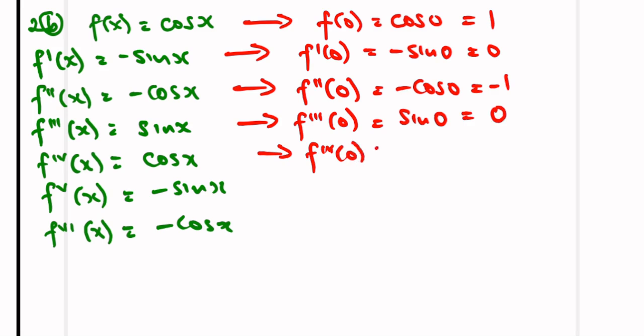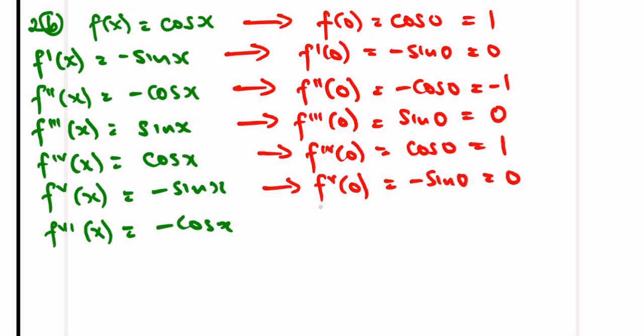Fiv of 0 is equal to cos 0, which is 1. Fv of 0 is equal to minus sine 0, which is equal to 0. Fvi of 0 is equal to minus cos 0, which is minus 1.